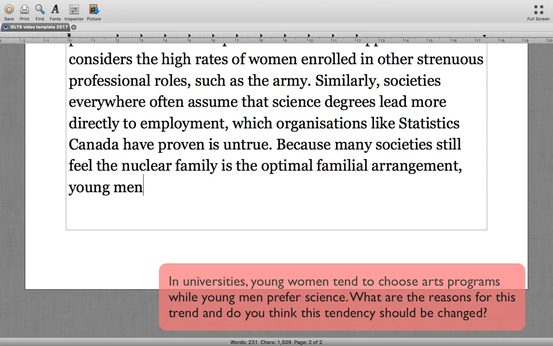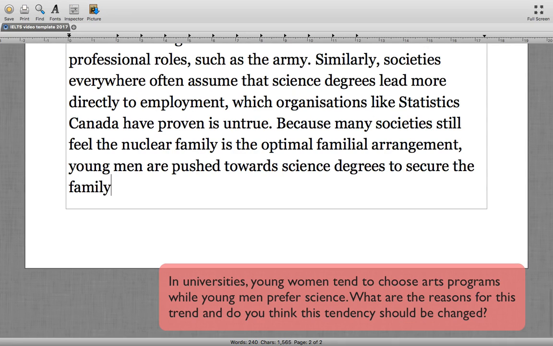The young men are pushed towards science degrees to secure families' future.